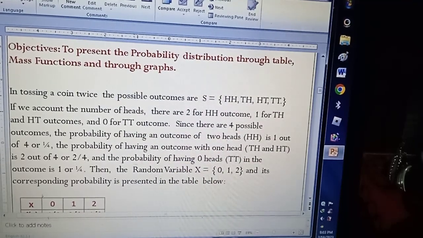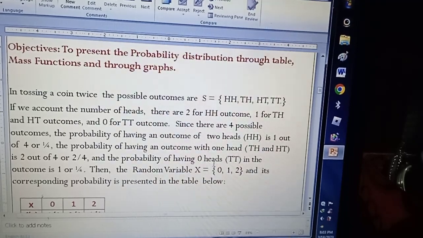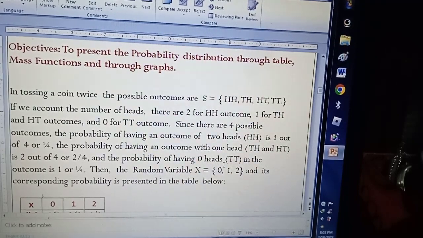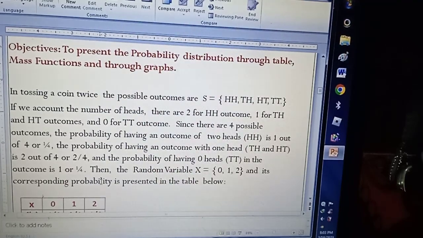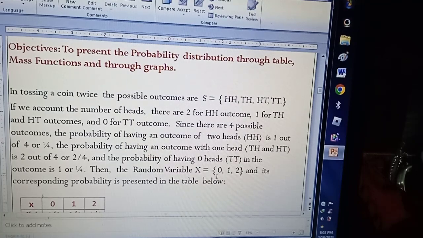And the probability of having 0 heads in the outcome, that is TT, is 1 out of 4. So that is 1/4.